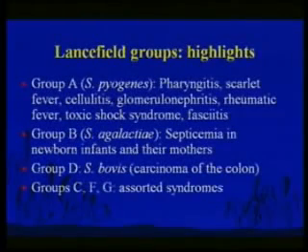Some highlights of these Lancefield groups. We're going to talk about group A strep, strep pyogenes, with the syndromes that it causes. Pharyngitis, sore throat, scarlet fever, group A strep. Not seen as much now as it used to be, but it was a common severe pediatric infection with death. Cellulitis, which is sort of a puzzling term. What is cellulitis? Anybody know?